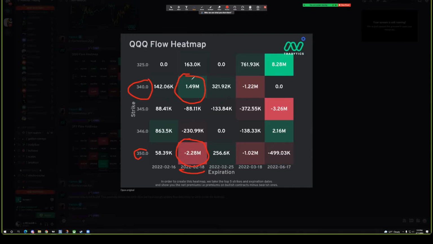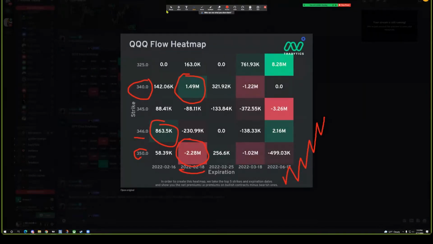Meaning, if somebody bought calls for the market, which are in this case labeled in green, then what you expect is as the stock goes up and starts to reach that 350 level or 340 or whatever. In this case, this one was calls, 863K for the 346.